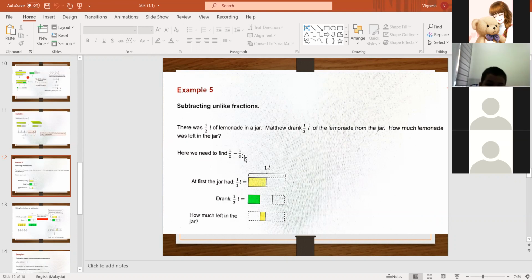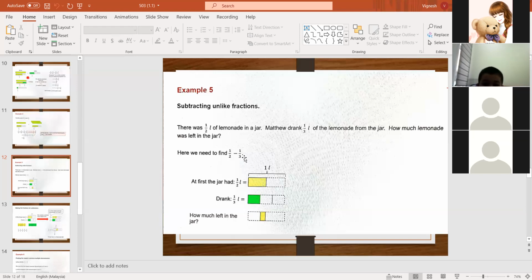How about the second fraction? 3 times 2 is 6, and then 1 times 2 is 2 over 6. Okay, very good. Now 3 over 6 minus 2 over 6 is equal to 1 over 6. Understand or not?